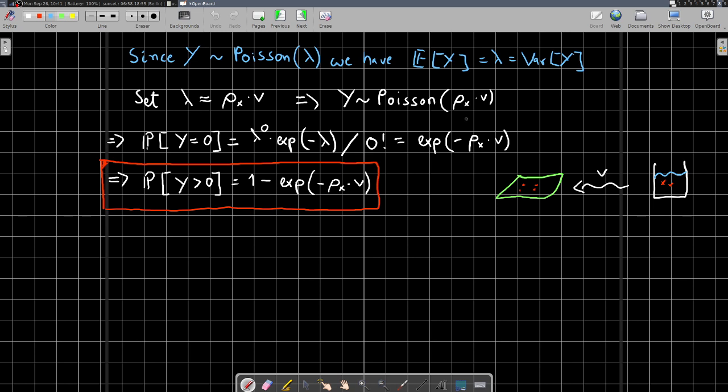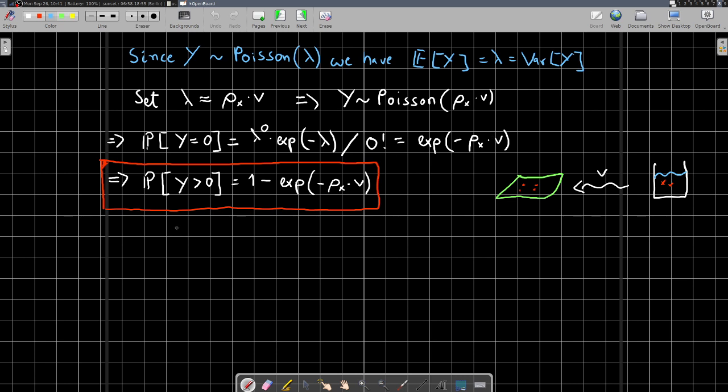When we now have that distribution, we can write down the formula for the probability that we have no organisms in a solution, which is obtained by just plugging in 0 in the equation of the Poisson distribution, and then we obtain this expression on the right side. That's simply the exponential of minus rho x times the volume.